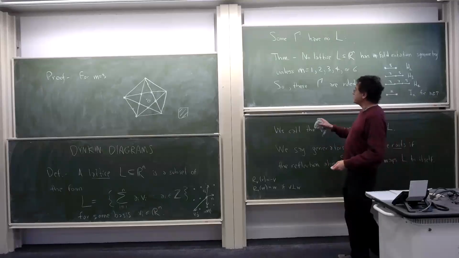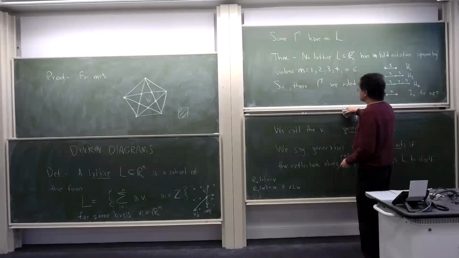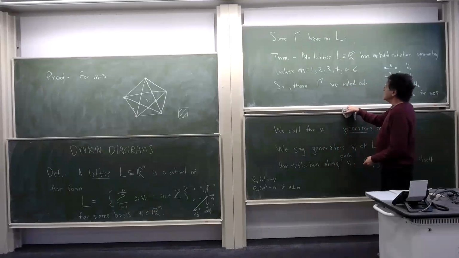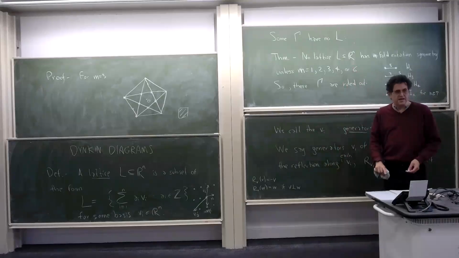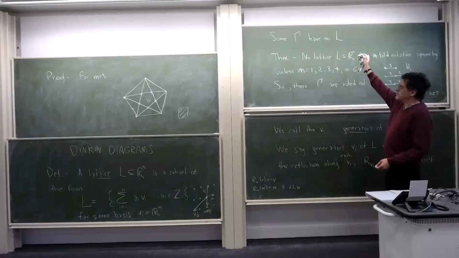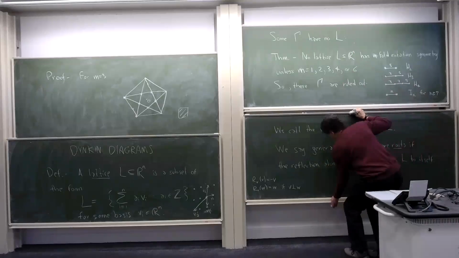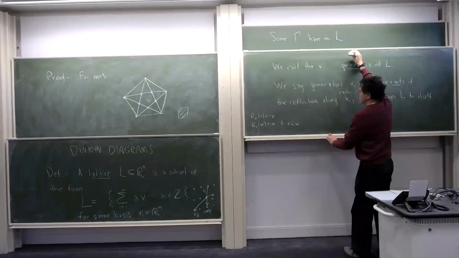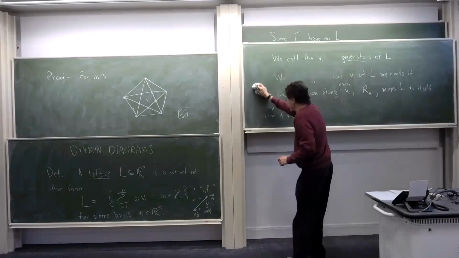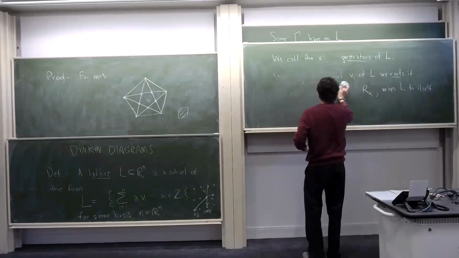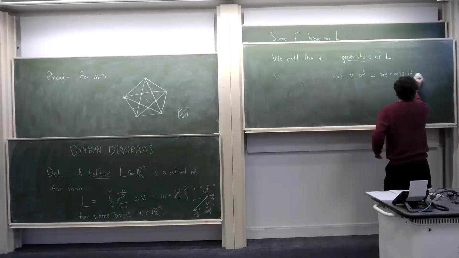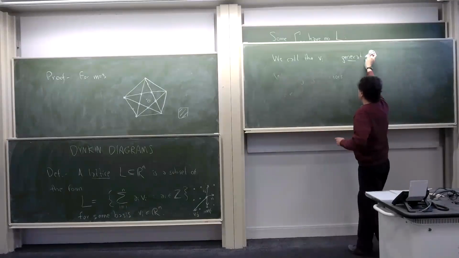But then another kind of thing that can happen is that sometimes the same lattice will be able to get along with different finite reflection groups. That is, sometimes you can get a root lattice in two different ways from the same lattice.